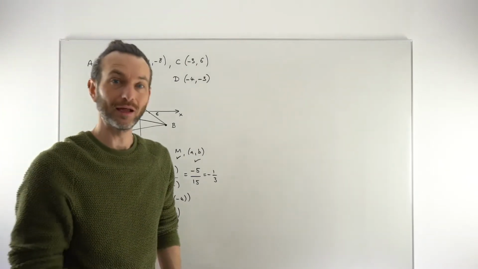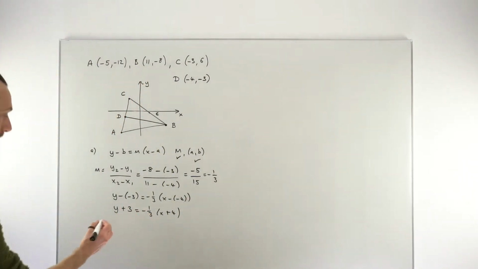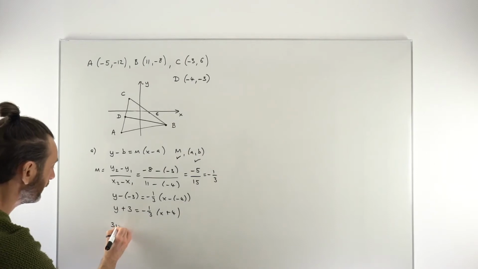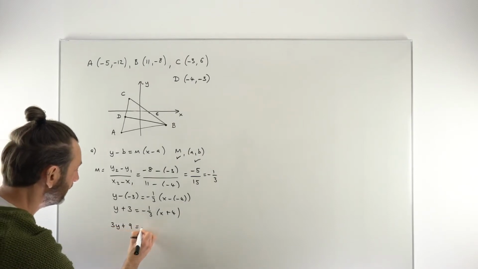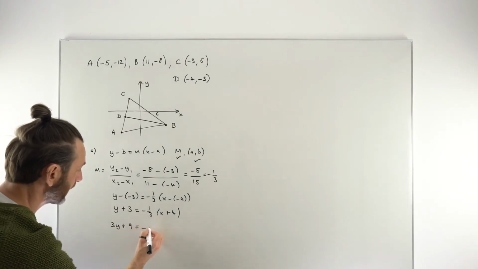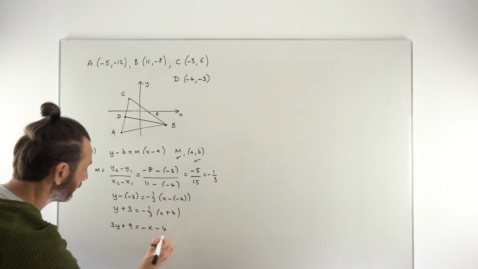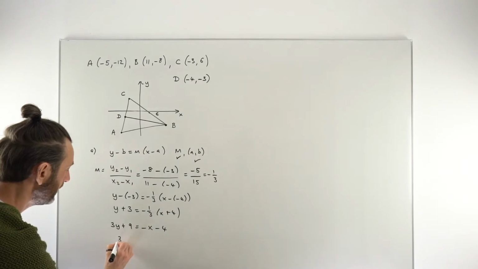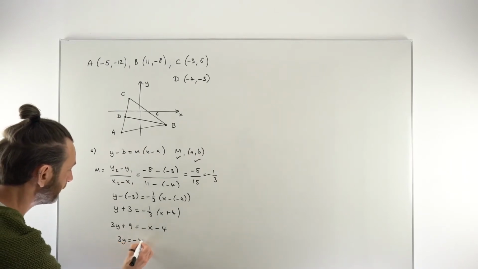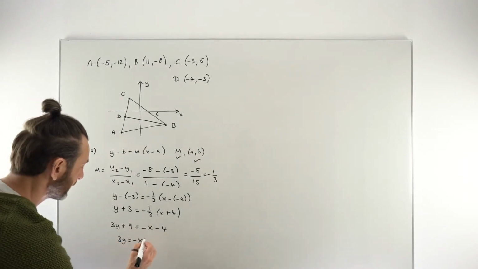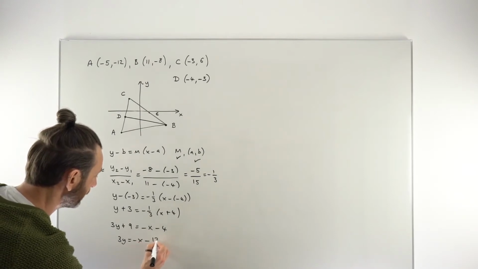I'm going to choose instead to get rid of the fraction by multiplying everything by 3. So this becomes 3y plus 9 equals -1 times x is -x, -1 times 4 is -4. So we're going to get 3y equals -x, -4 minus 9 is -13.